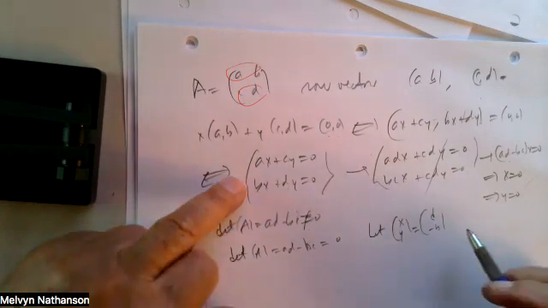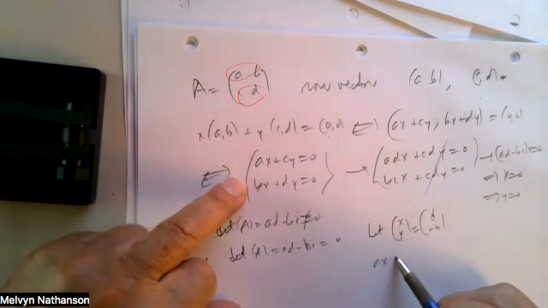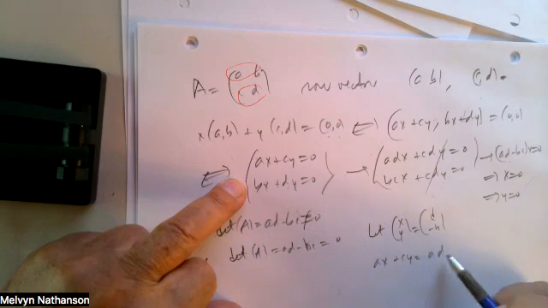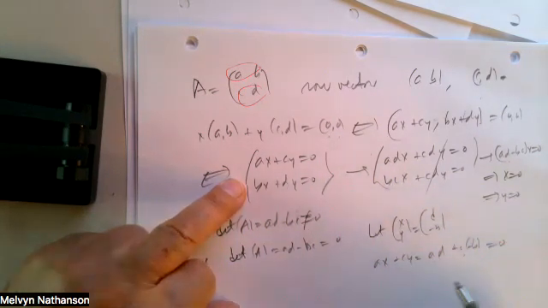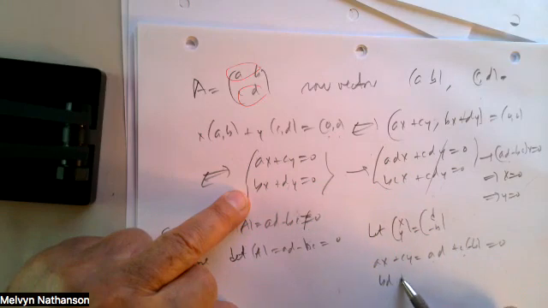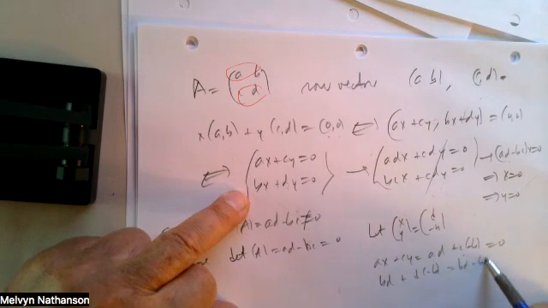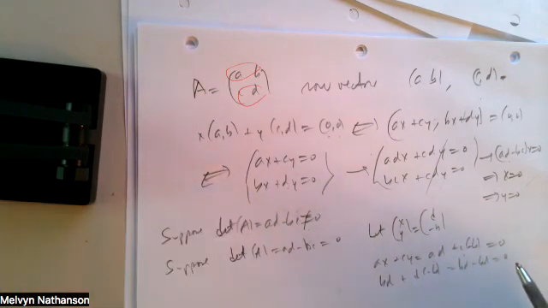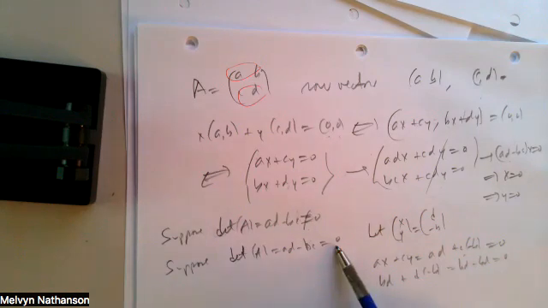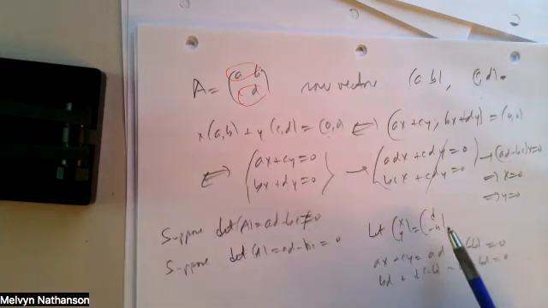Then in the first equation, I get ax plus cy is ad plus c times minus b, which is ad minus bc, which is 0. And in the second equation, I get bd plus d times minus b, which is bd minus bd, is also 0. So if the determinant is 0, then this is a solution of the equations, and it's a non-trivial solution if b and d are not both 0.